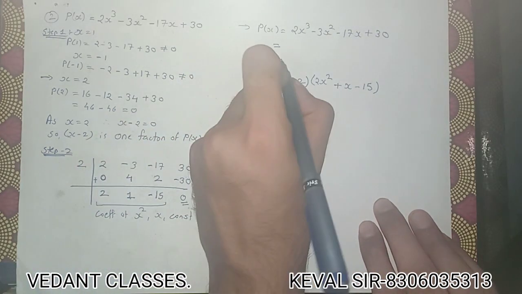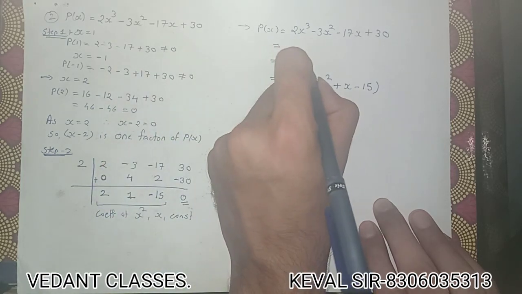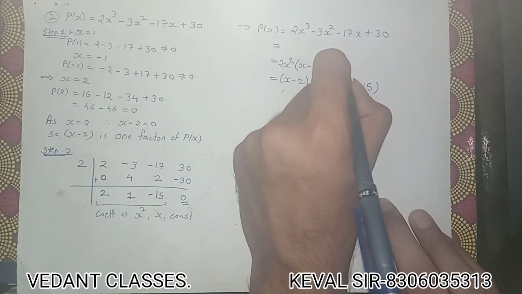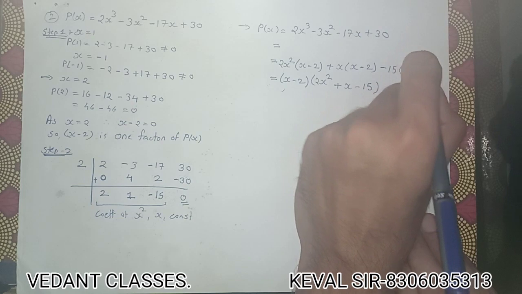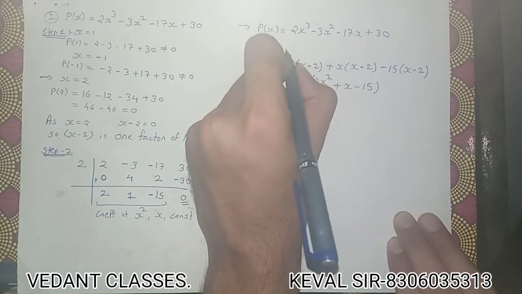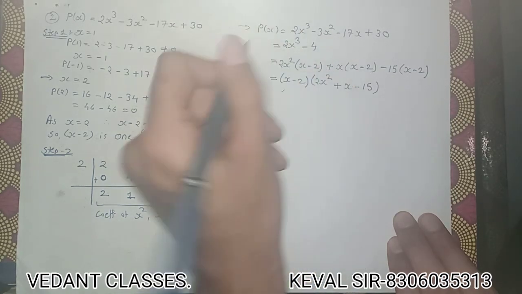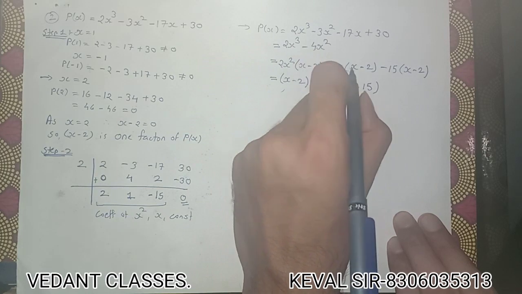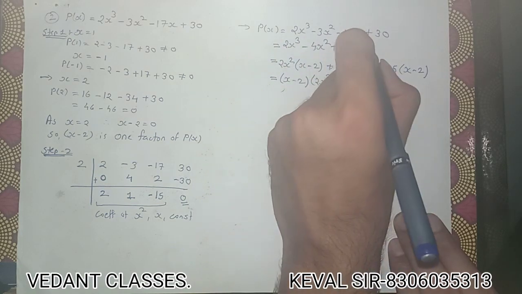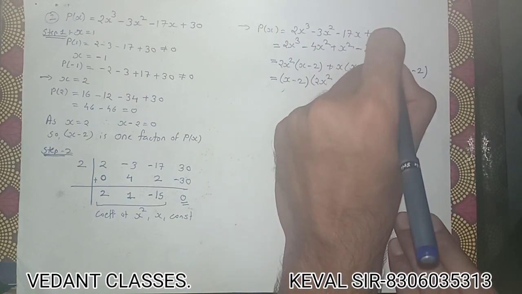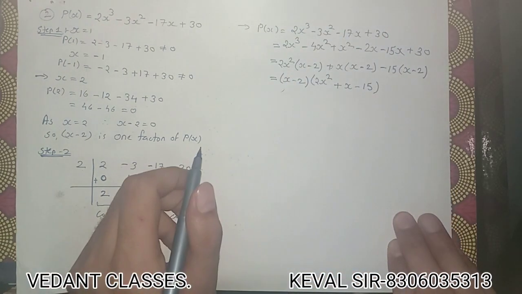Now just move upwards, so 2x square into x minus 2, then plus x into x minus 2, then minus 15 into x minus 2. So this will be 2x cube, 2 2s are 4, so minus 4x square, plus x square, plus minus 2x, then minus 15x, and minus minus plus 30. So you get the question.